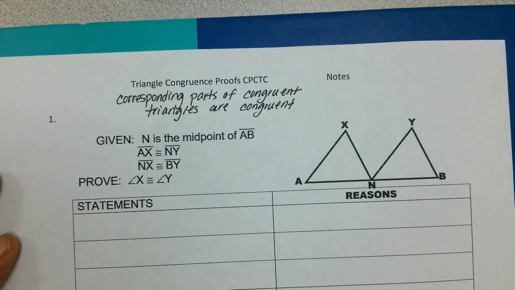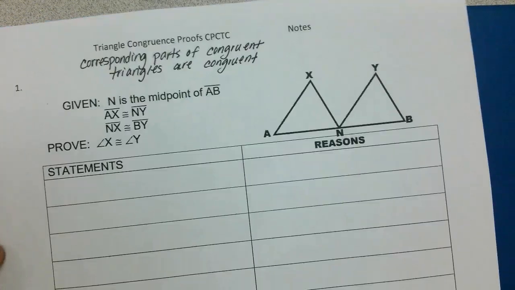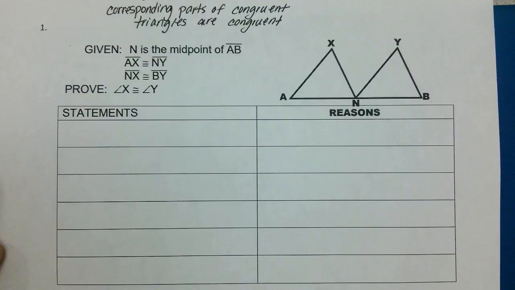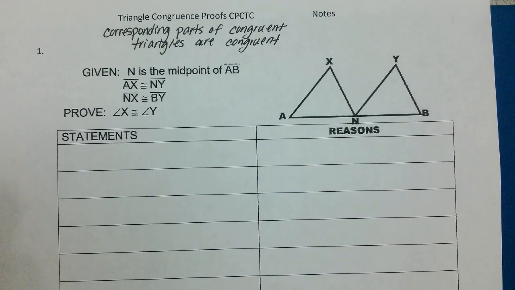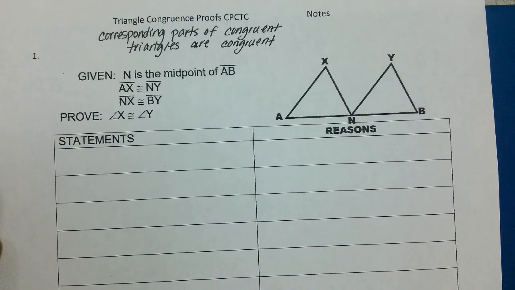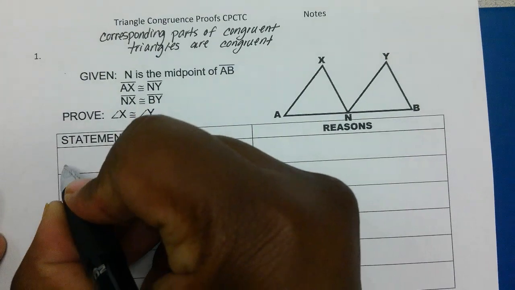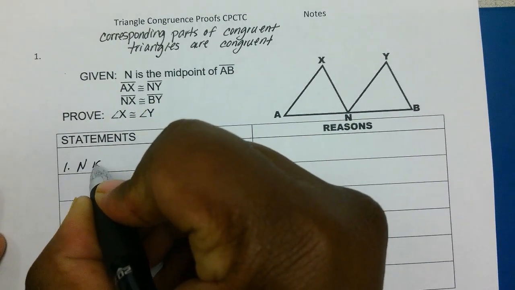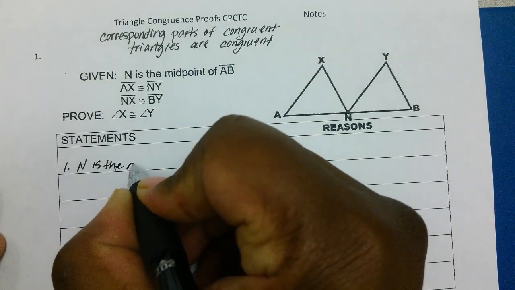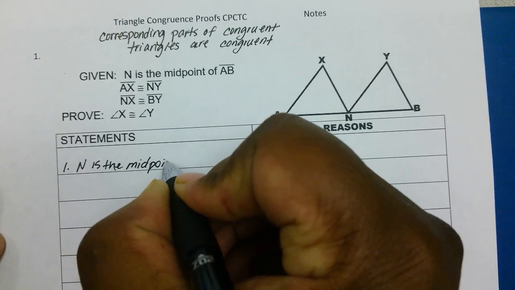Okay, so if we do this example right now, this is number 1. We said the first thing you want to do is always write down your givens. Your givens are always going to be the first statements. So my first statement is N is the midpoint of AB.